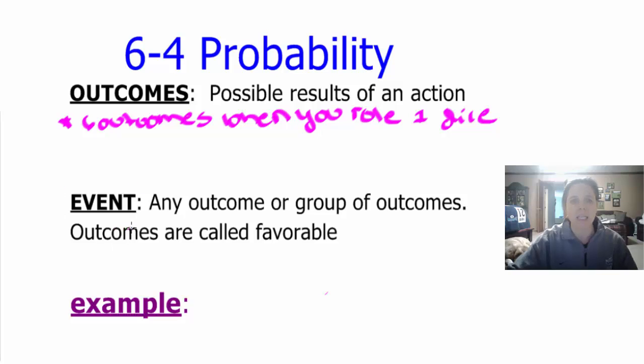An event is any outcome or group of outcomes. Outcomes are called favorable. Here's an example of that.